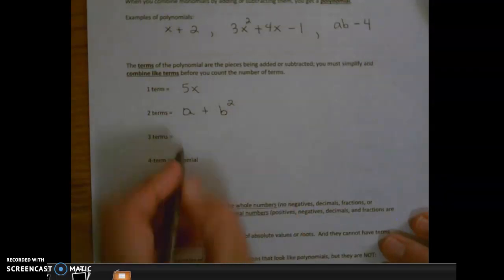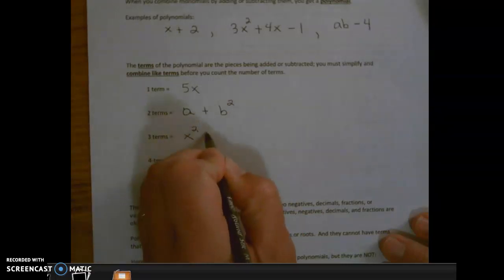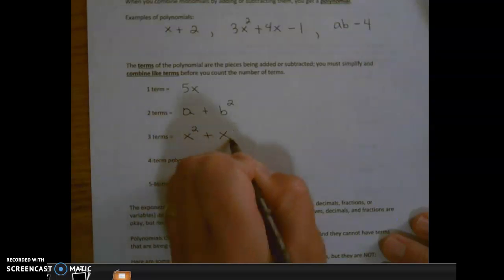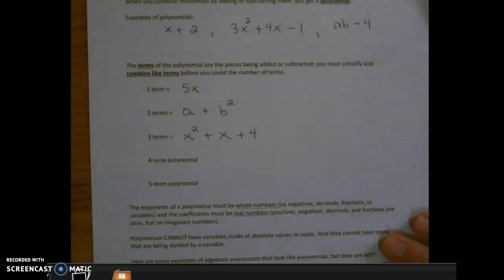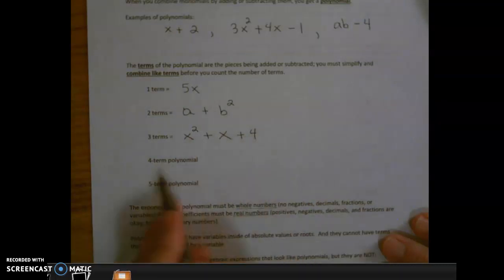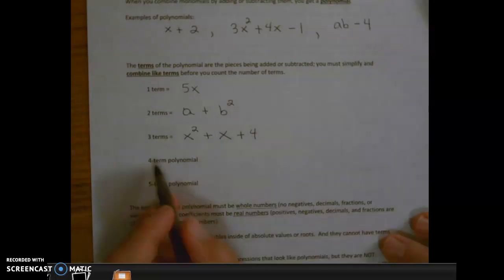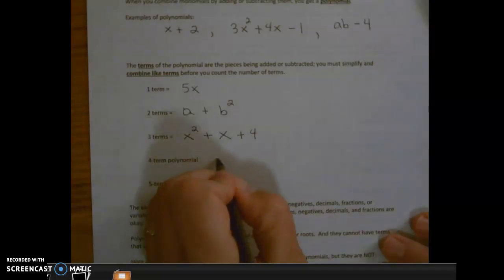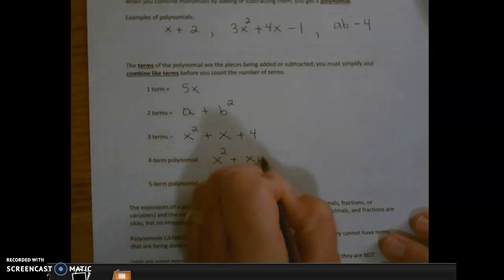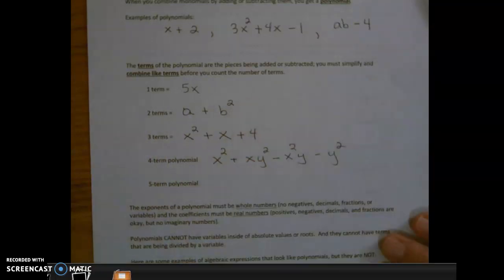Three terms, trinomial. The ones that we're used to seeing are the quadratic terms. And so here we have three terms. Four-term polynomial, which is known as a quartic, I believe, or is it a quintic? No, I think it's quartic. A four-term polynomial might look something like that.